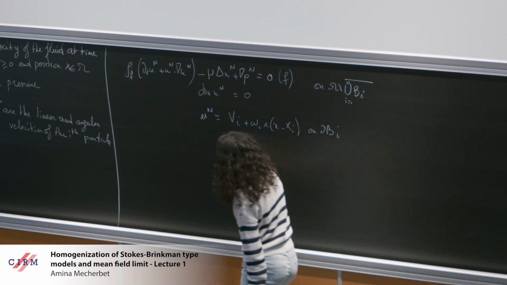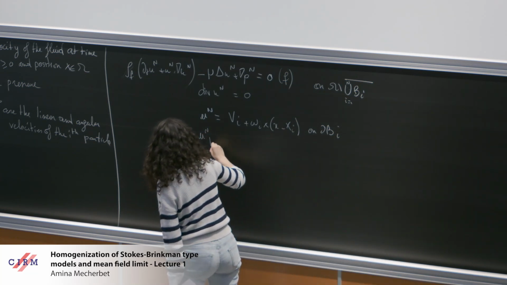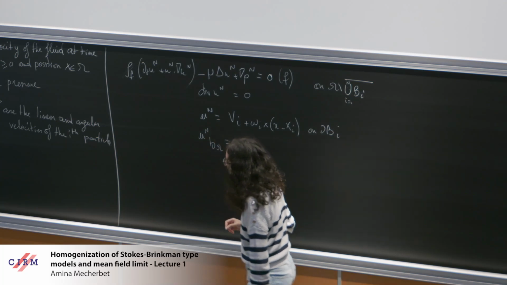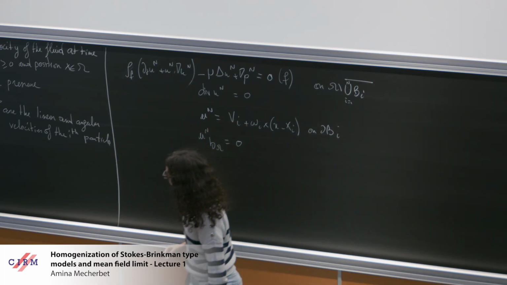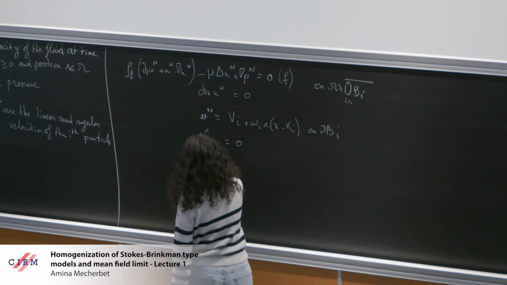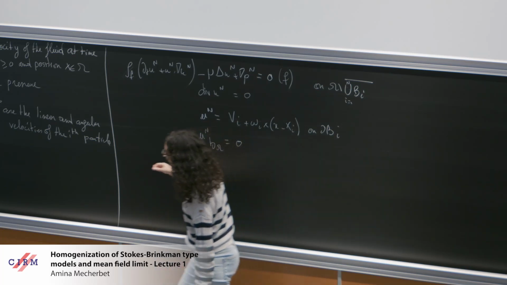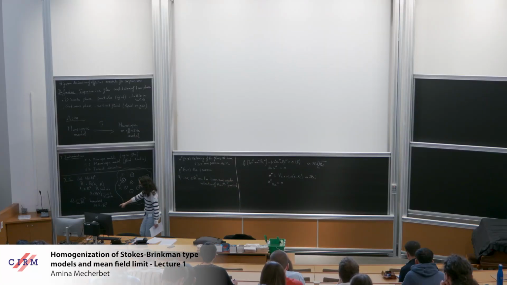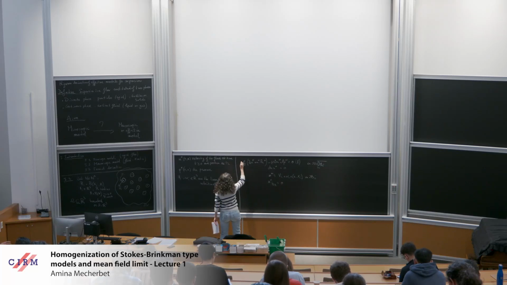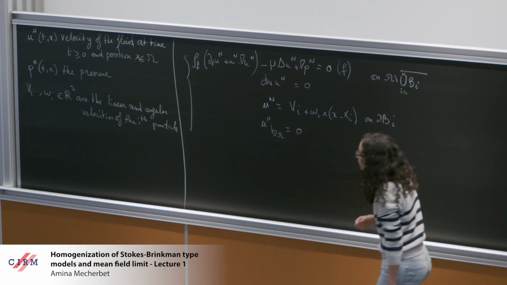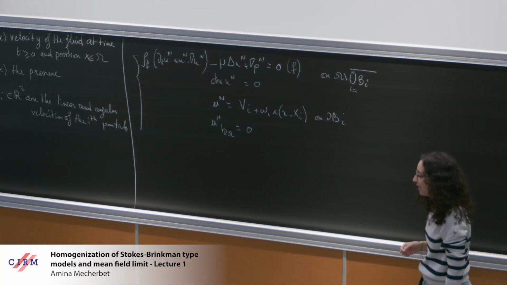We also have some boundary condition on the boundary of the domain. Well, we will just assume that it's 0. What I mean by the boundary of omega is the boundary if omega is bounded, or otherwise the limit when x tends to infinity. So this is the fluid equation. And then we couple this to a system of ODEs describing the motion of the particles.